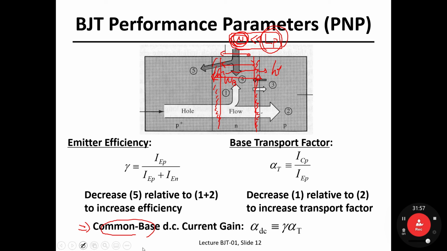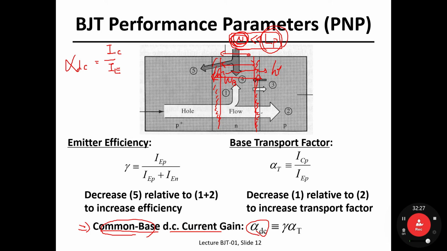Here in the common base configuration, the DC current gain, denoted as alpha sub DC, let me write down here, is defined as input signal, in this case I sub E, and the output signal, in this case I sub C. Just a few seconds ago, I used the voltage difference between emitter and base as an input signal.